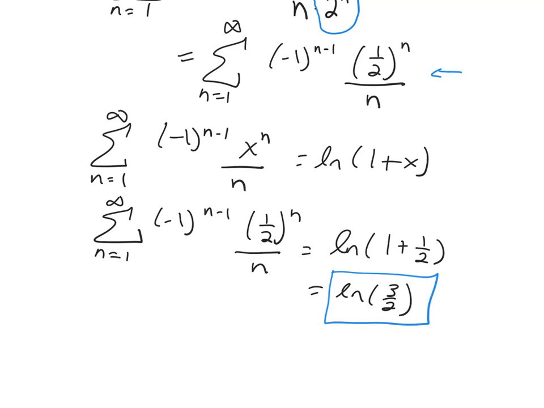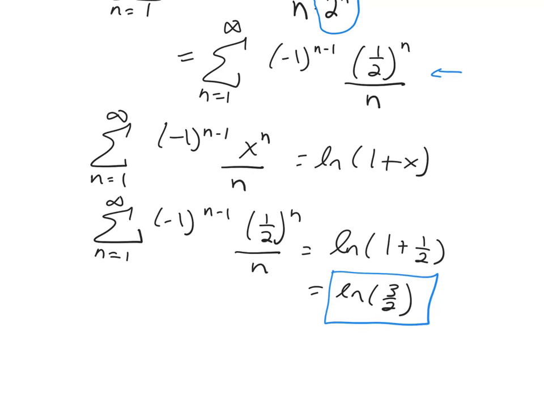It's ln of 3/2. Just by using your Maclaurin series and plugging in a value for x, you can now find the sum of a series. Okay. So again, this is kind of opening up for us new possibilities. We couldn't find the sum of this series before, but now we can.